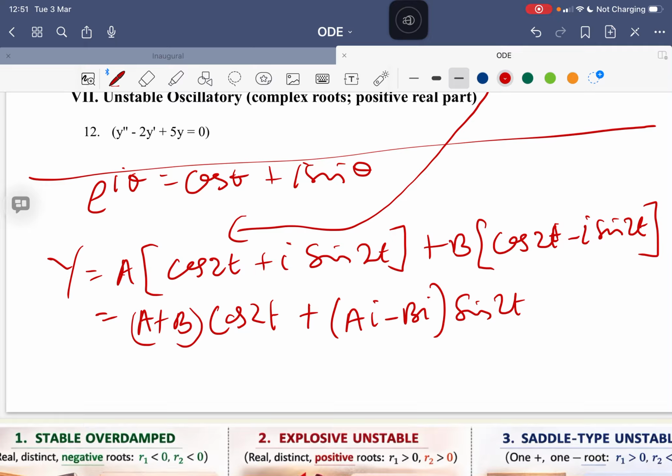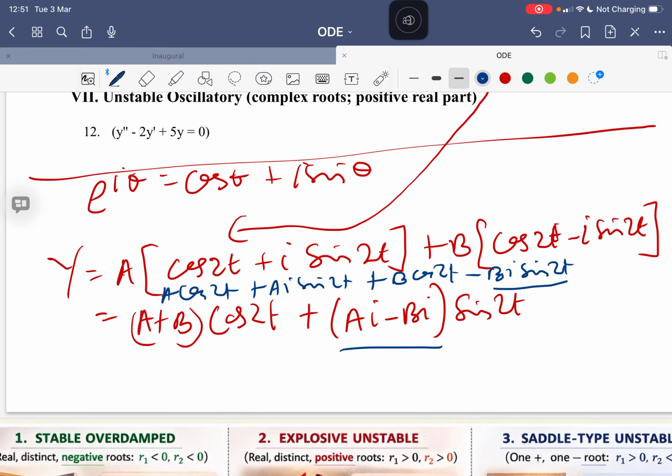Yes, I have my 4 terms. If I open this, it is a cos 2t plus ai sin 2t plus b cos 2t minus bi sin 2t. Yes, so the terms with i are this one and this one, so they are accounted for here, and the terms without i, this one and this one, are accounted for here.